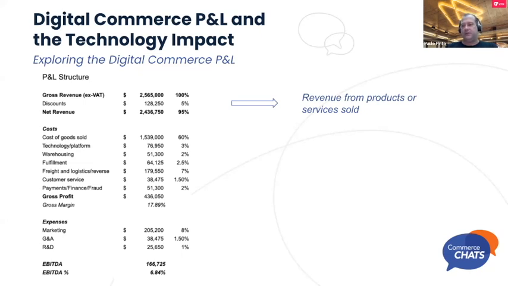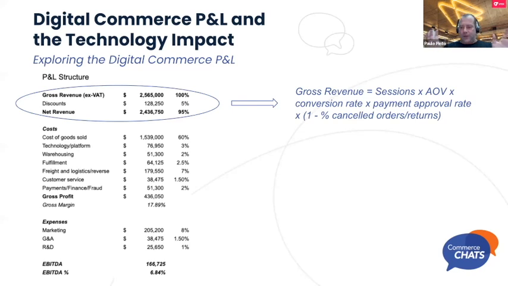If you're an e-commerce that sells products, all the products you're selling, the sales you're making, the revenue you're generating, that's the first big block. Then you also have the discounts there, right? Discounts deduct from your gross revenue, and then you have your net revenue. Net revenue is the basis, the first big number for any P&L.